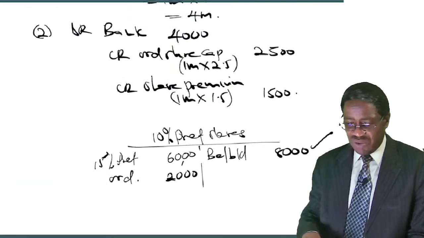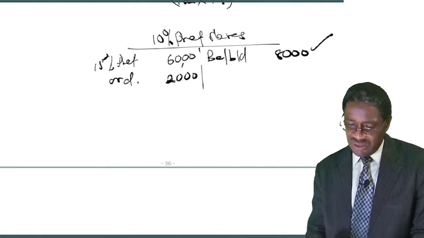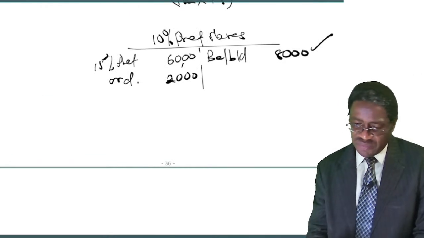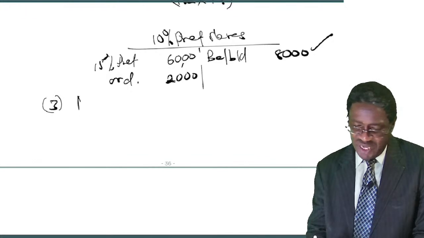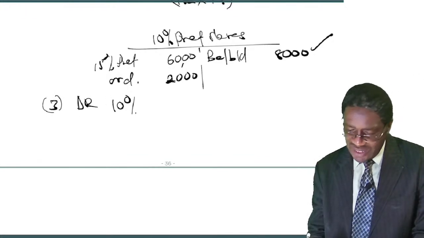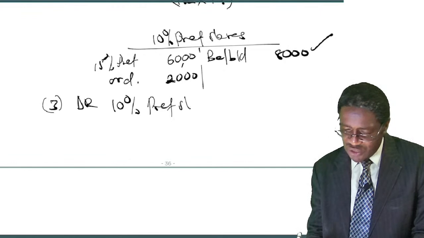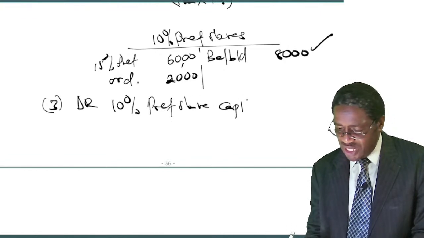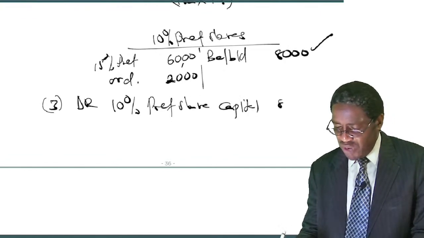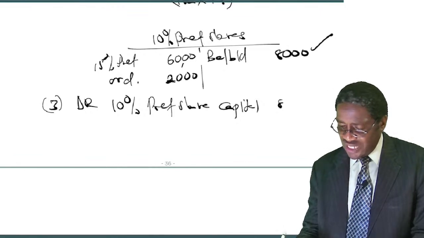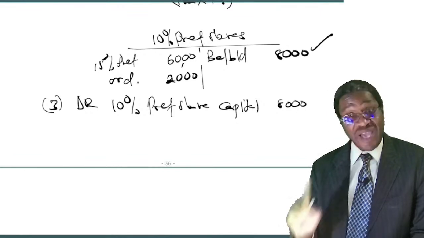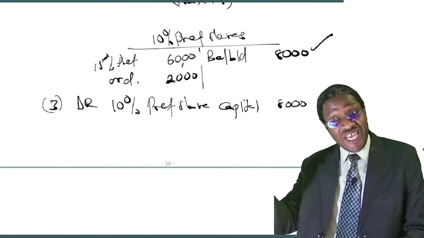So let's put down number what? Number 3 now. Put it down. Number 3, debit 10% preference share capital by that 8 million. We are cancelling the 8.